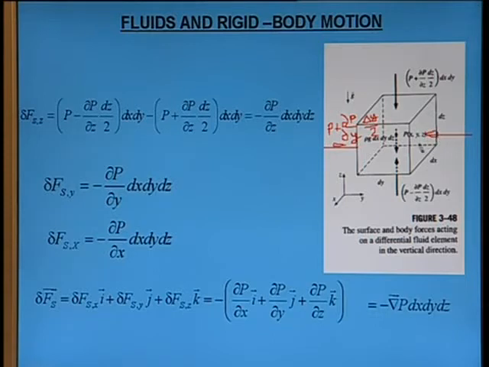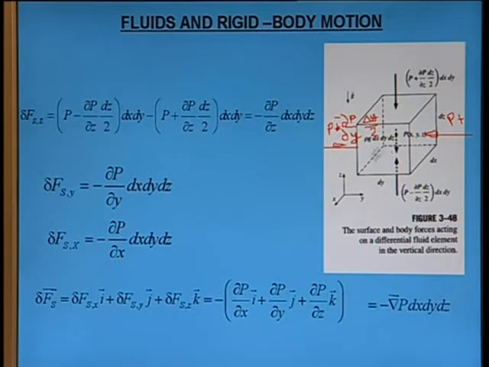On the right hand side of the face, pressure will be equal to P minus del P over del y into delta y over 2, because we have moved in the minus direction. Sorry, kindly correct it. On this side, pressure will be equal to P plus, because we are moving in the right direction, which is the positive y direction. So, P plus del P over del y multiplied by delta y over 2.